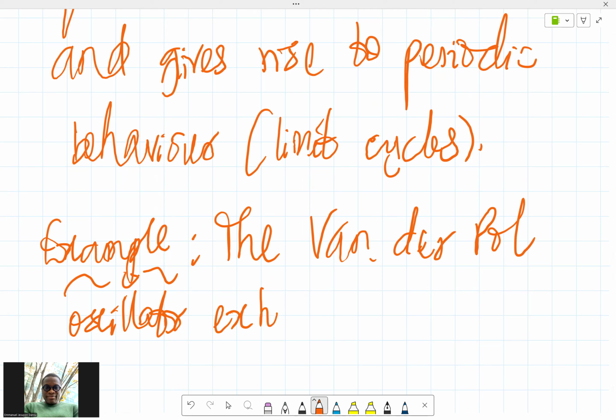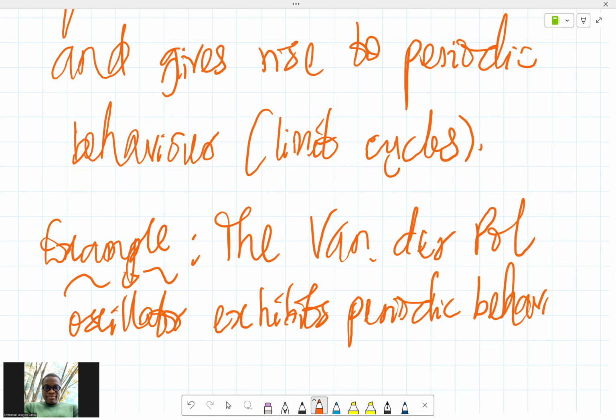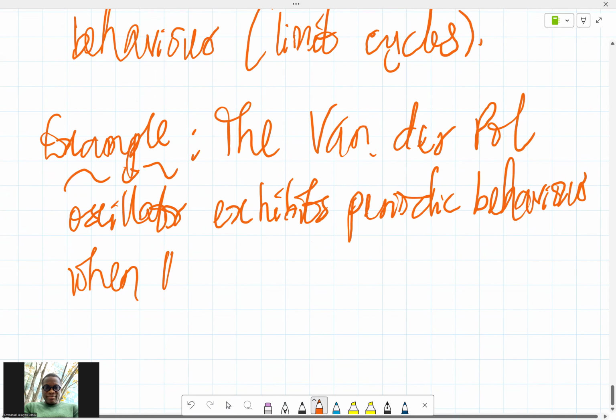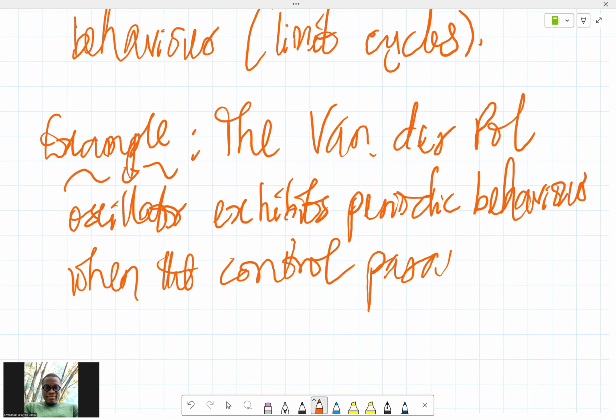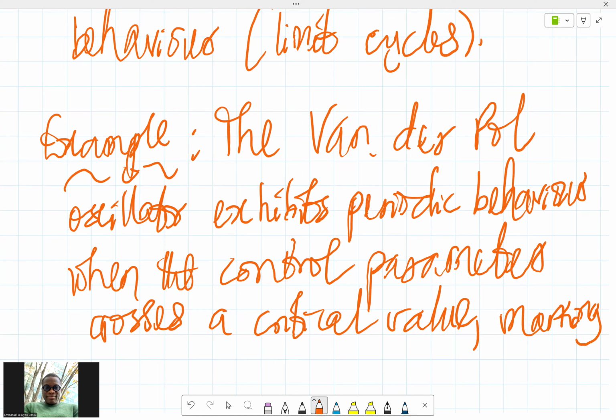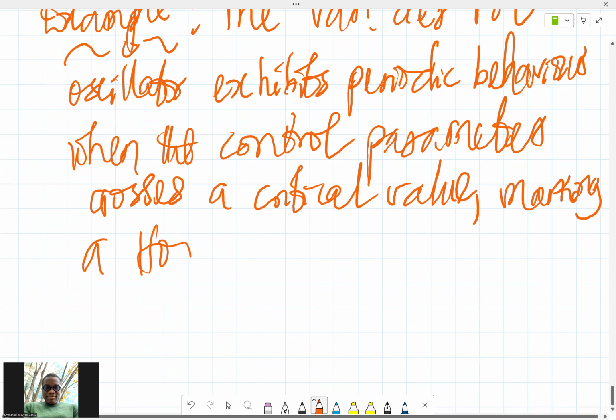The Van der Pol oscillator exhibits periodic behavior when the control parameter crosses a critical value, marking a Hopf bifurcation.